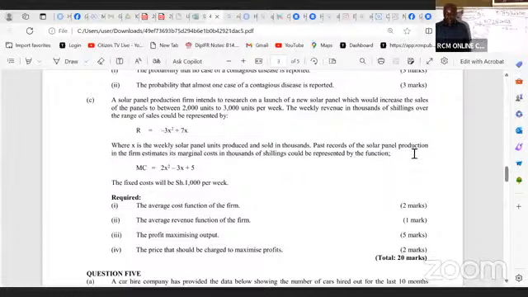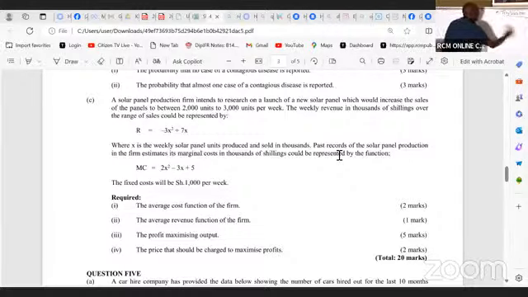Past records of the solar panels production in the farm estimate its marginal cost in thousands of shillings. So he gave us this cost function, and then he wants us to get the cost function. So he has given us the marginal cost.